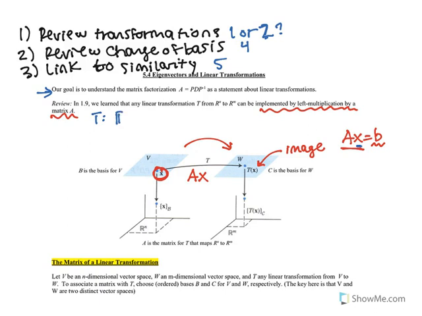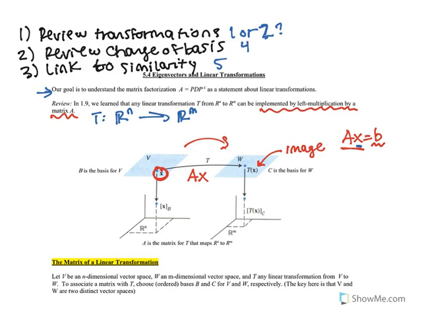So the transformation starts in Rn, and the result b has the same number of rows as the matrix, so it gets mapped to Rm. Okay, so that's what we have. These might not be in the same dimension here, V and W.